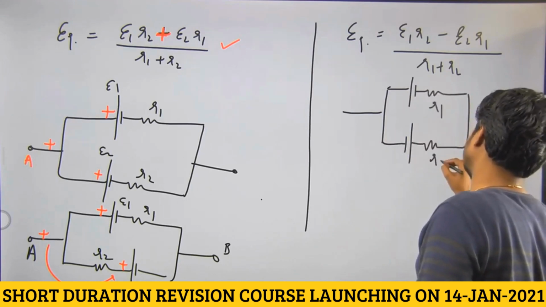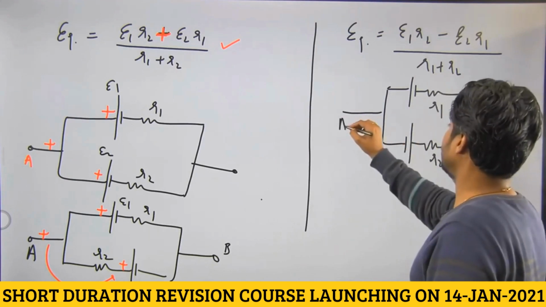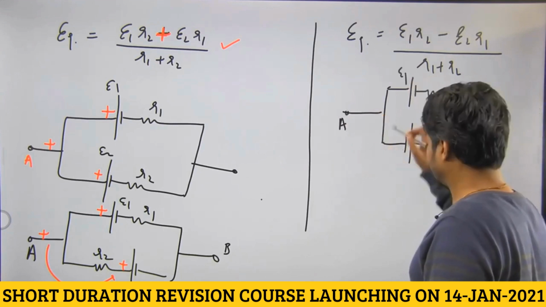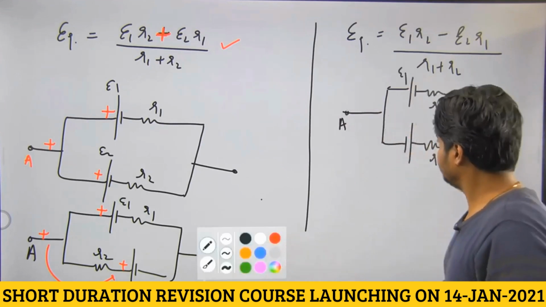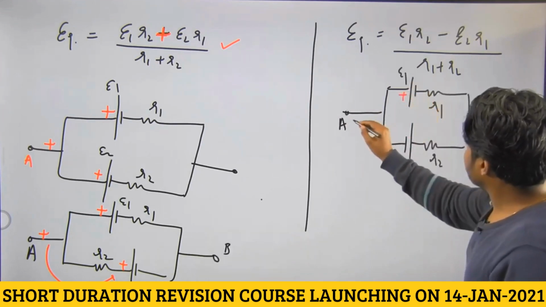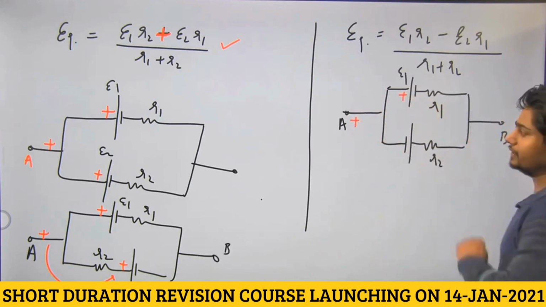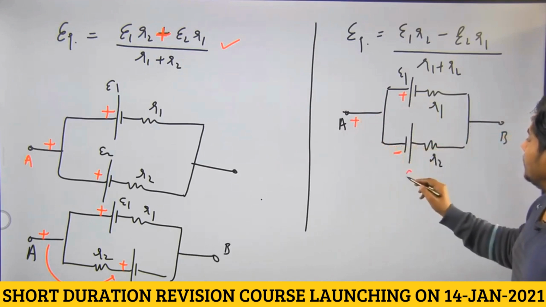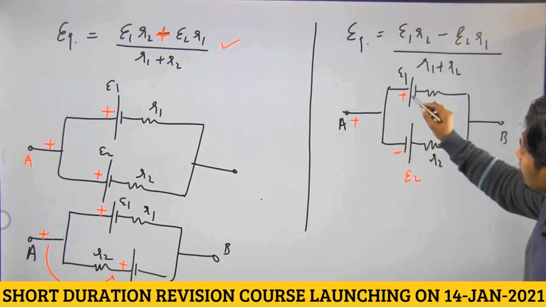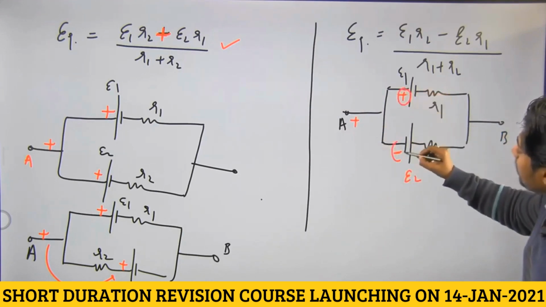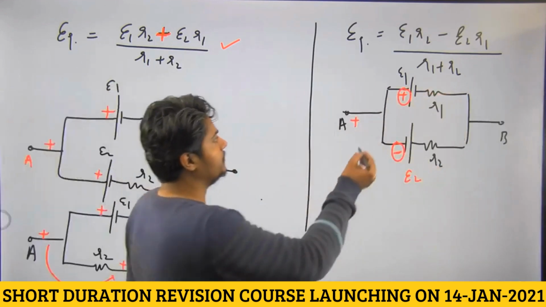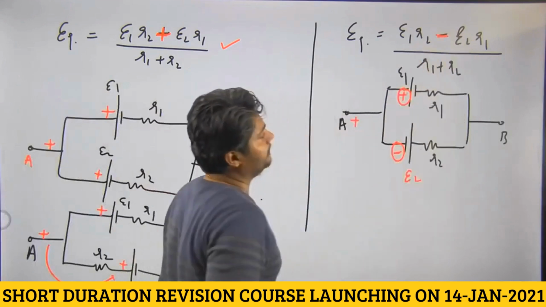This is R1, this is R2, this is point A, this is point B. Now you can see very clearly that the positive of E1 is connected to A, but the negative of E2 is connected to A. So these two are in opposite polarity, and in this case we have to use the minus sign between them.